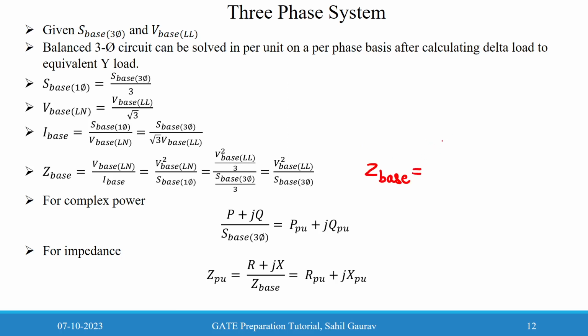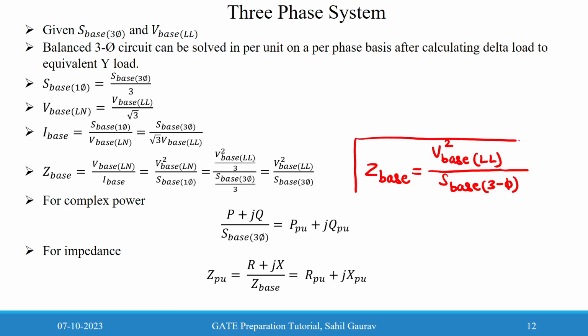The per phase base impedance will be V base LL whole square divided by S base 3 phase. You don't need to convert to phase voltage or single phase apparent power. You will directly get the per phase base impedance like this.